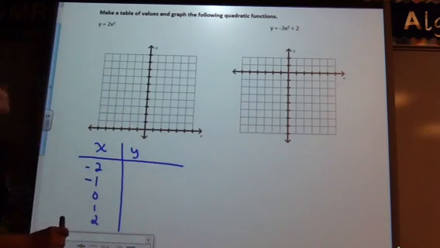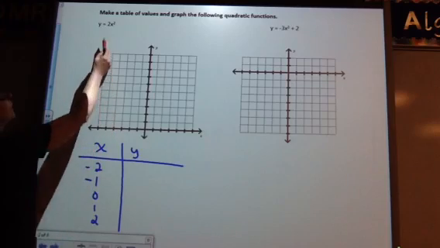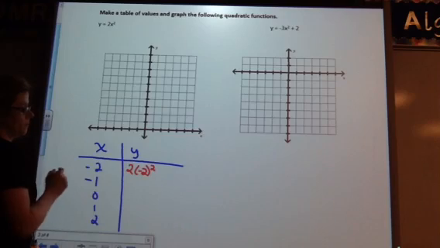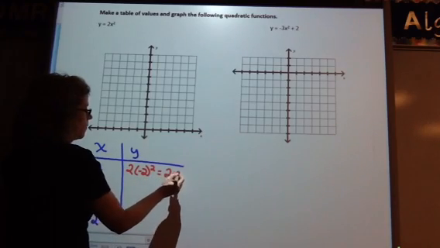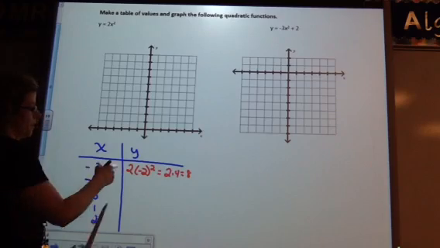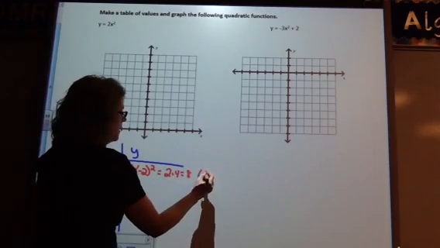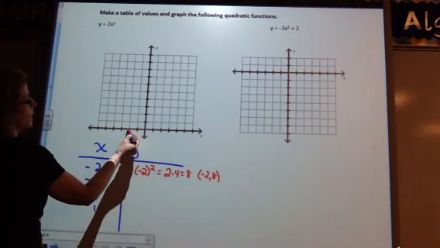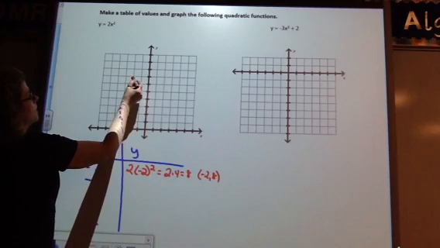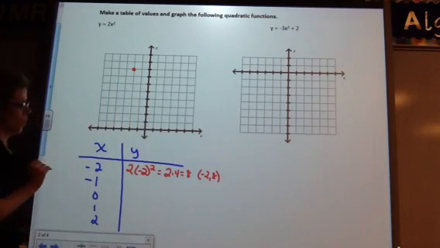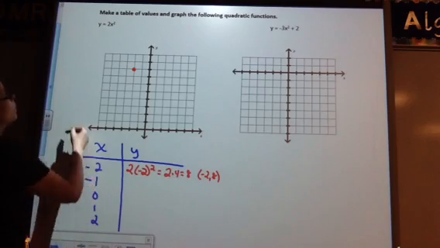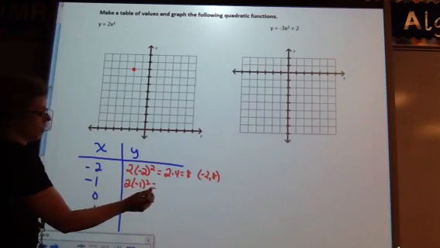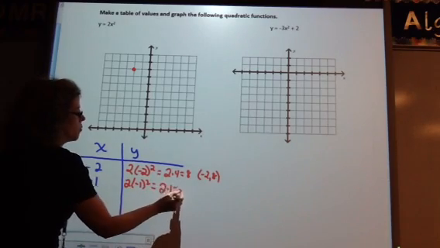And what we're going to do here is we're going to substitute -2 in for x. So I have 2 times -2 squared. Well, -2 squared is 4, so y is 8. So on this point right here, I'm getting -2, 8. So I can go ahead and graph that, -2, 8. And there's my first point. Now we're going to substitute -1 in for x. -1 squared is 1, and 2 times 1 is 2.